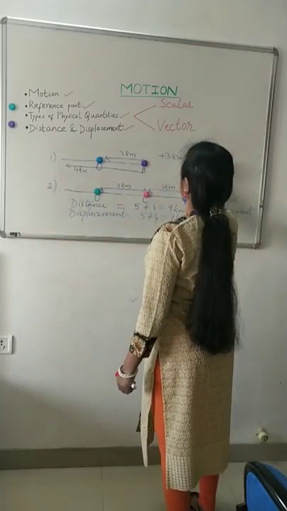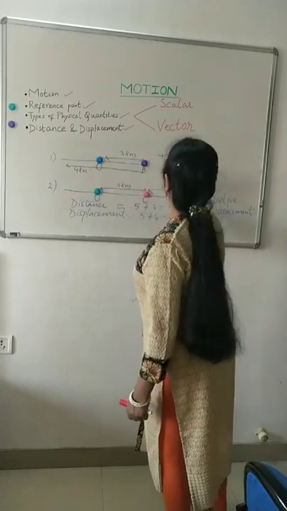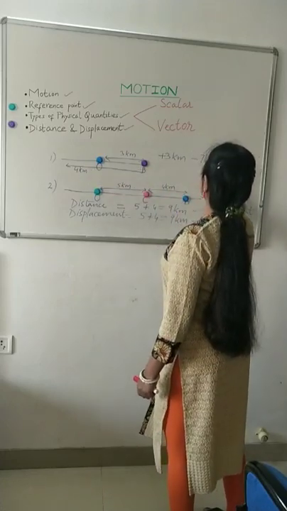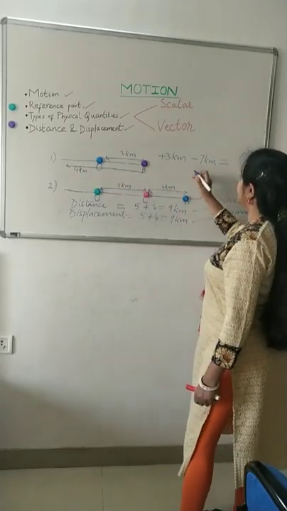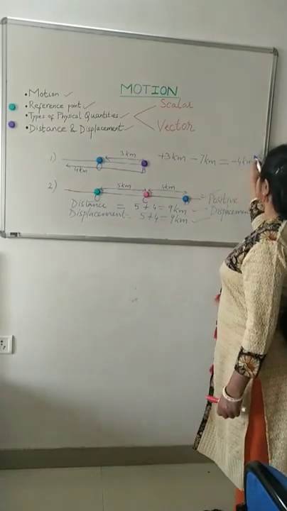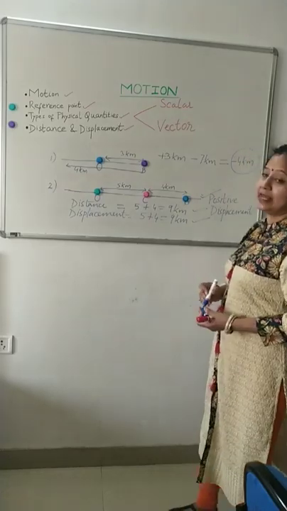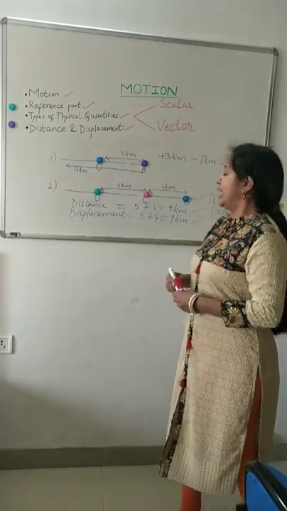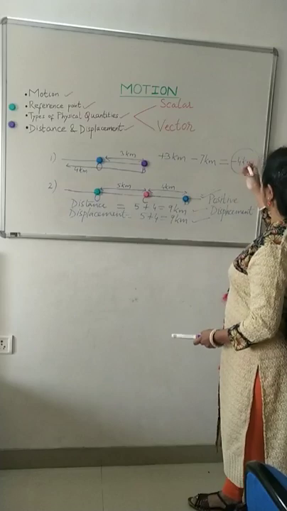So it is plus 3 minus 7, which gives you minus 4 kilometers. So this is known as negative displacement. Have you noticed? Minus 4.